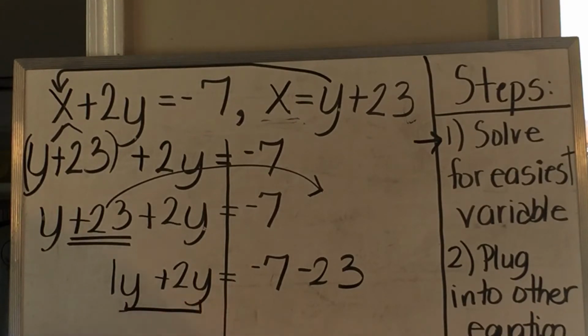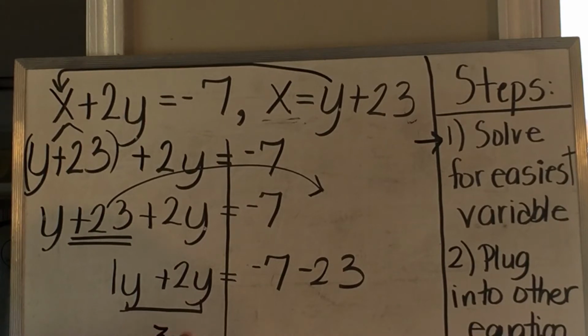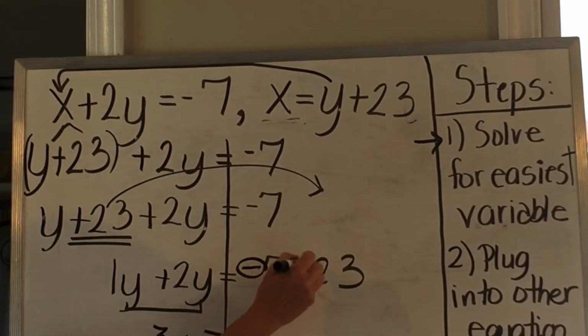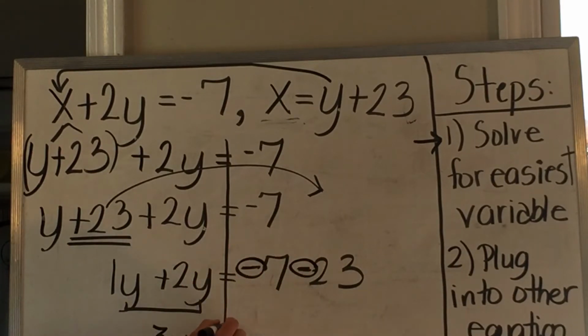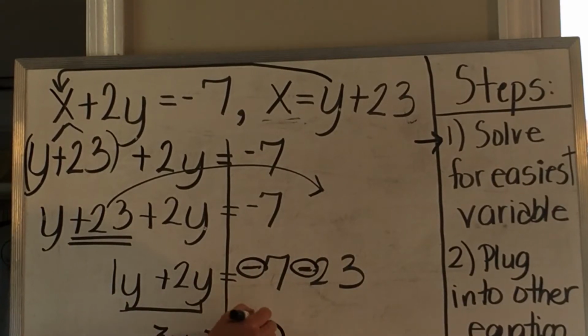Y's add with other y's, so that's going to give you 3y equal, the signs are the same. So you add and get -30.